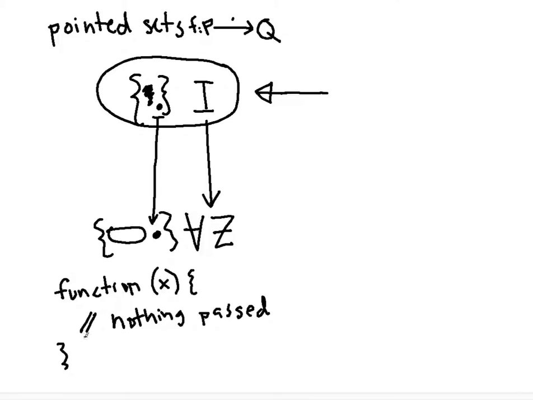So if, for example, the only thing we did inside this was throw a type error, well, nothing would pass this. Could we use this as our initial object?